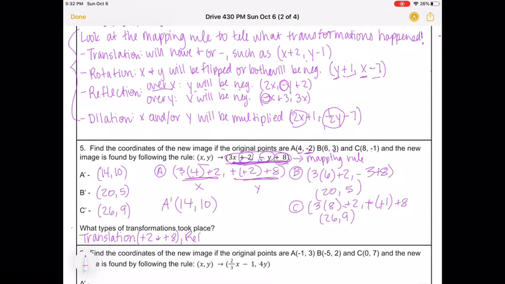So reflection over x, and I knew that because there was a negative y. Okay, and then lastly, there's some multiplication going on here with the 3x. So if there's multiplying with either your x or your y, that is a dilation. And I knew that because it said 3x, so 3 times x.